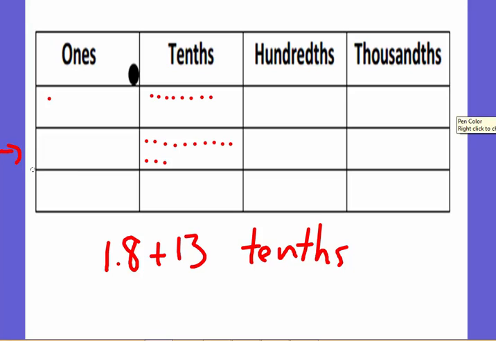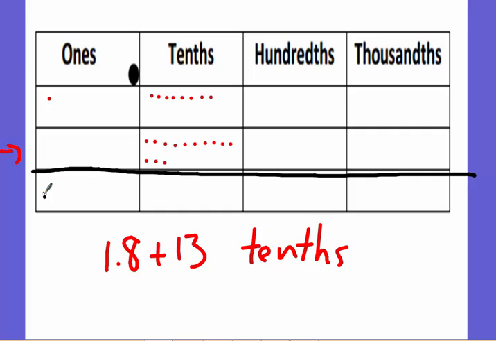So what I'm going to do is I have 1, 1. But remember, when I have 10 of one group, I can move it to the next column. It's like if I have 10 dimes, that can equal a $1 bill. So I'm going to circle groups of 10 and move them over to the next spot. Well, here I have 8 plus 2, that's 10.